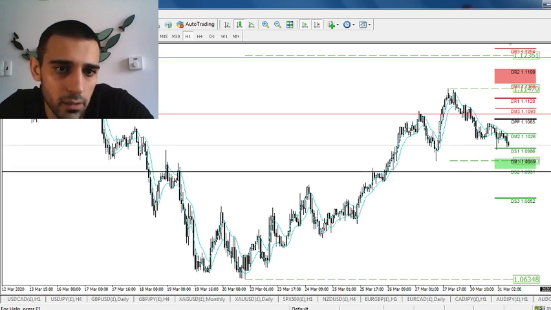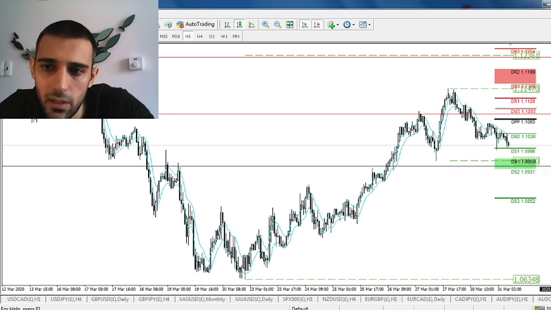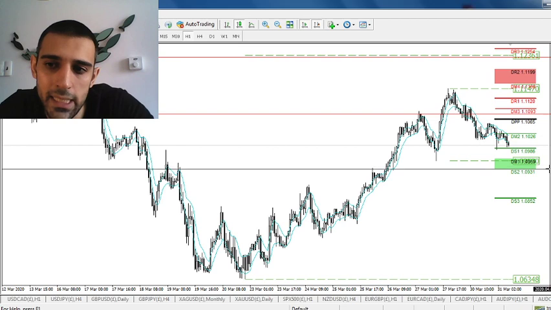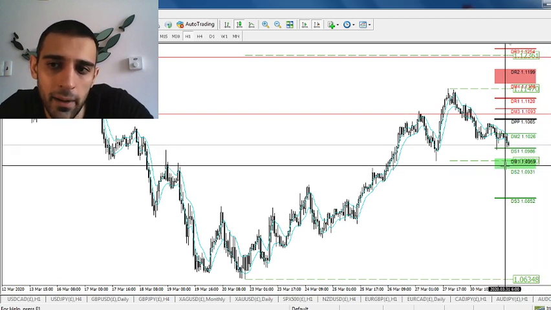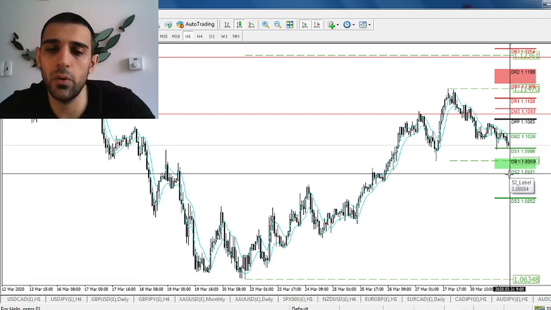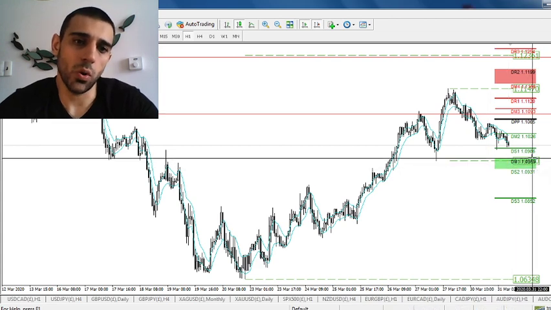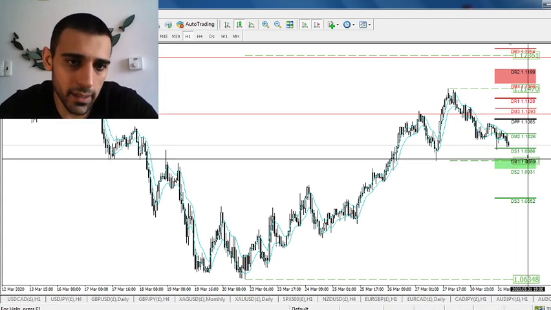If it comes down to around this daily S2, so we've got 109.31 around that, and closes nicely bearish, then we'll be looking to go up to these.